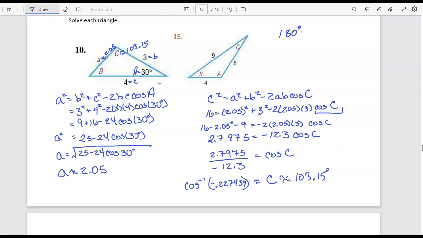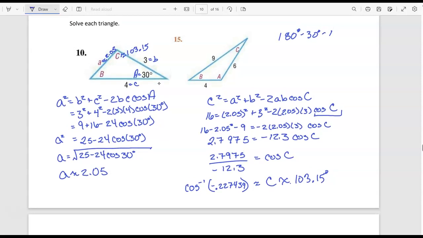So we take 180 and subtract the 30 degrees for angle A and subtract the 103.15 for angle C. 180 minus 30 minus 103.15 will give us 46.85 for angle B. So we have solved this triangle by finding the remaining pieces that we needed.